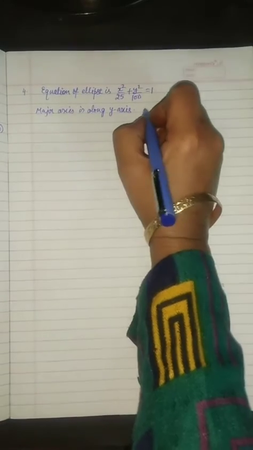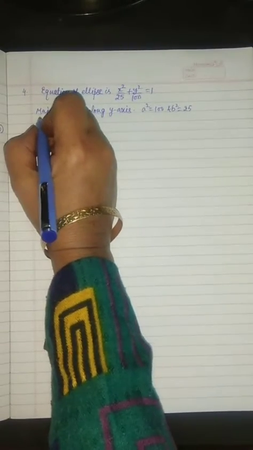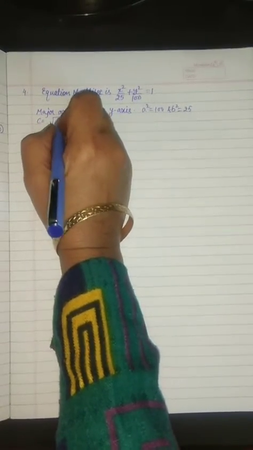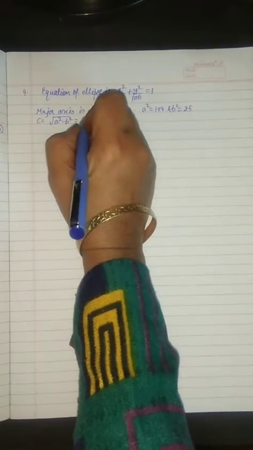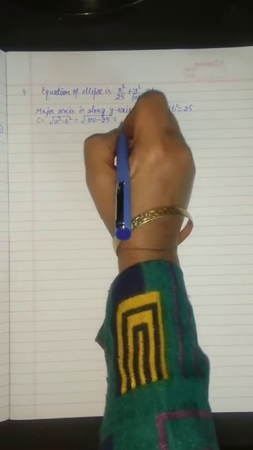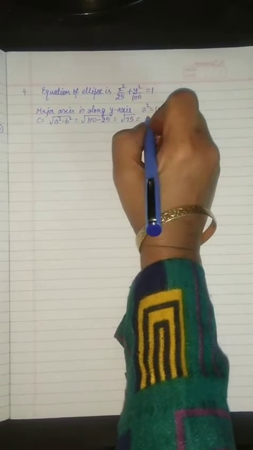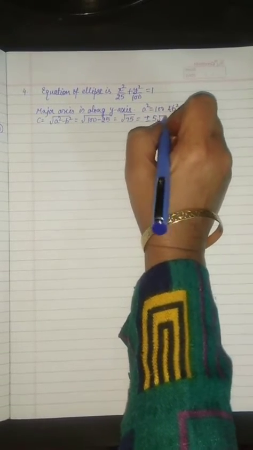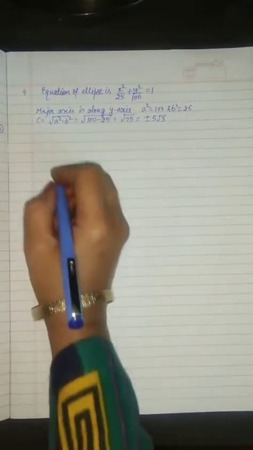So here we have a square is equal to 100 and b square is equal to 25. Now c is under root a square minus b square. So it is under root 100 minus 25, which is equal to plus minus 5 under root 3.